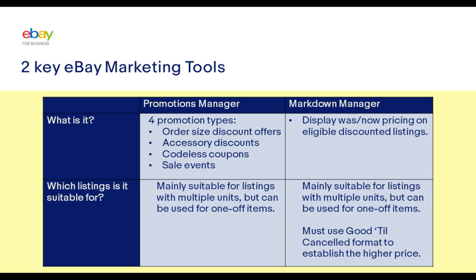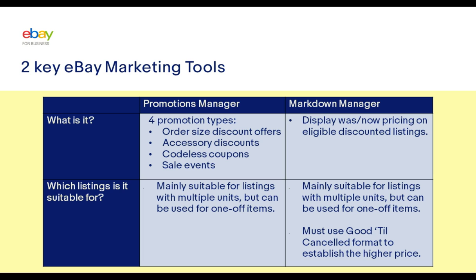Then with the Markdown Manager tool, this is what generates was-now pricing on eligible discounted listings. And there are some eligibility requirements here. And this is mainly suitable for listings with multiple units, but you can use it for one-off items again. So again, if you are maybe selling in the antiques category and you really want to sell something quickly, or you've got some old computer games that you just want to clear to make space for something else, you can use Markdown Manager to run a sale on it. But the really important point here is you must be using the good till cancel format to establish the higher price.